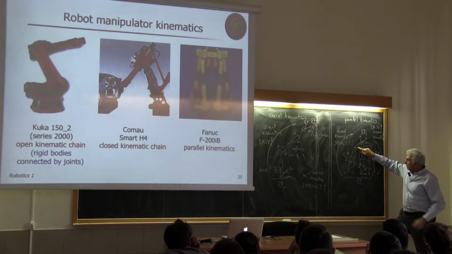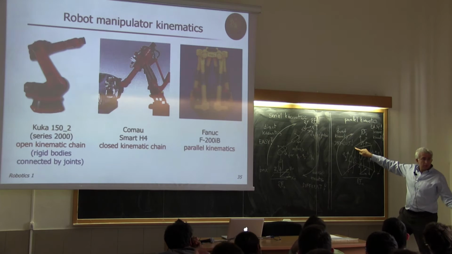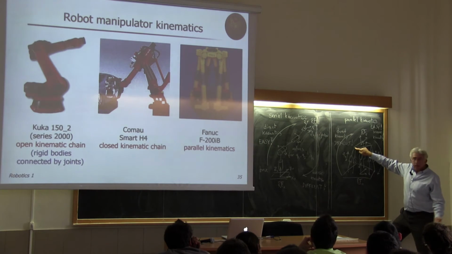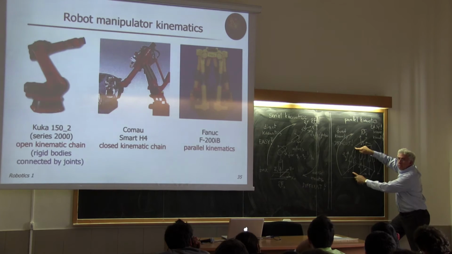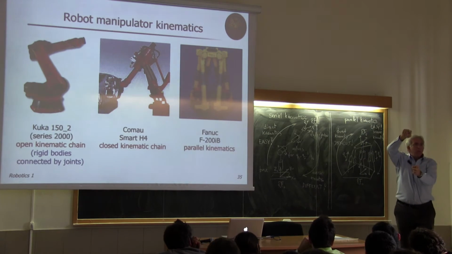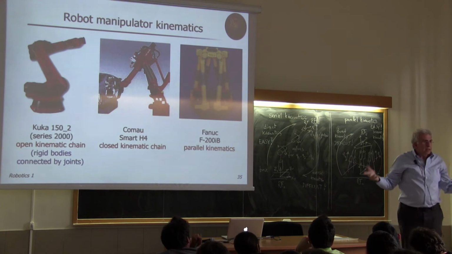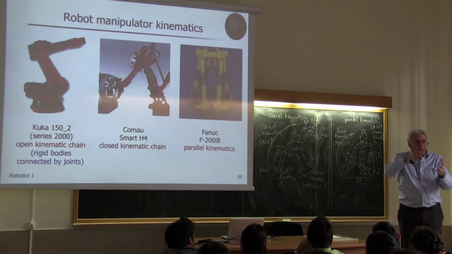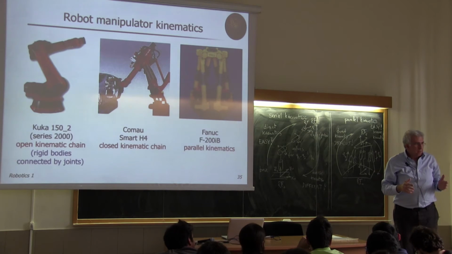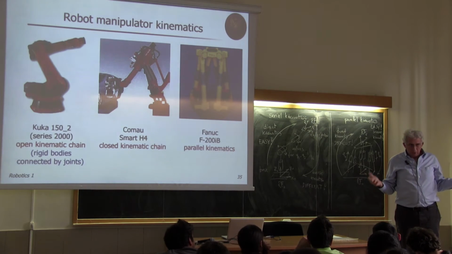Now, I know the position of this point, the desired one. I know where is this base, and this is a fixed value with respect to the base frame. And now I have 2 points in space, and I have to compute the distance between 2 points. And this is the value of the joint variable. And I can repeat this for all 6 legs. And I'm done. Okay?